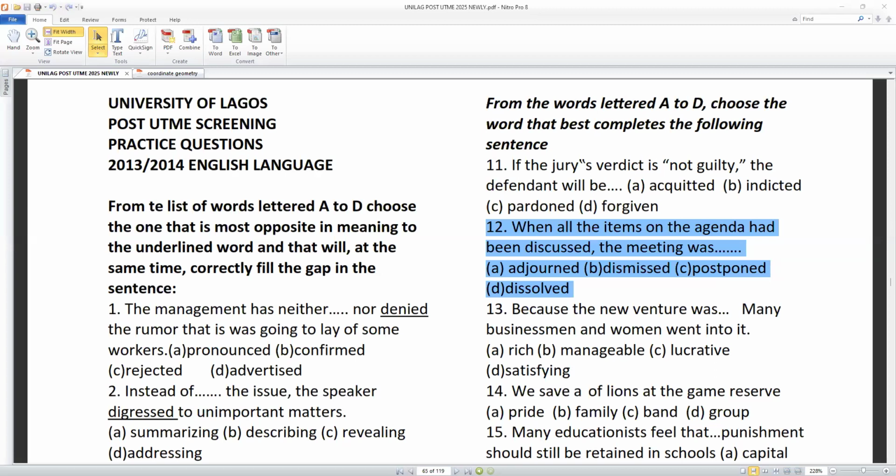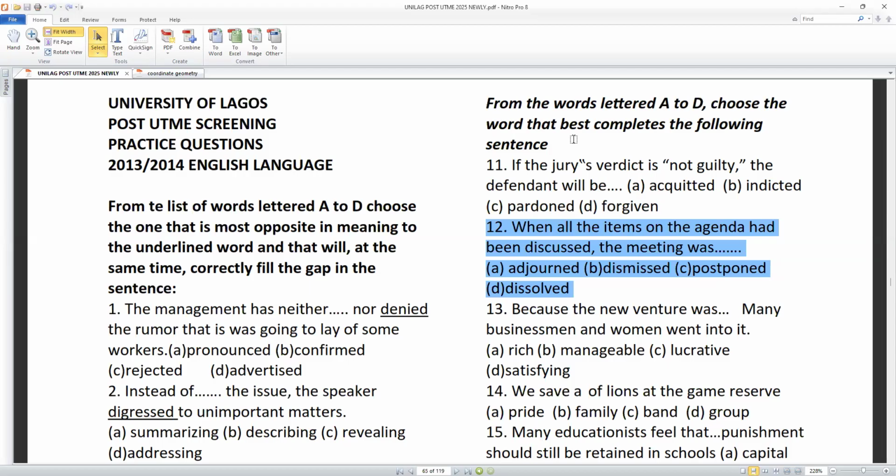Agenda means a list of items to be discussed. Now the question is saying that when everything has been discussed, what will you say? A, the meeting was adjourned.